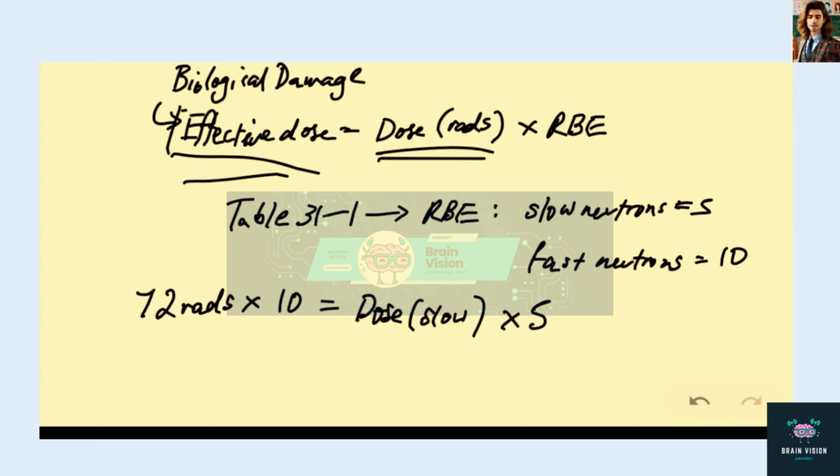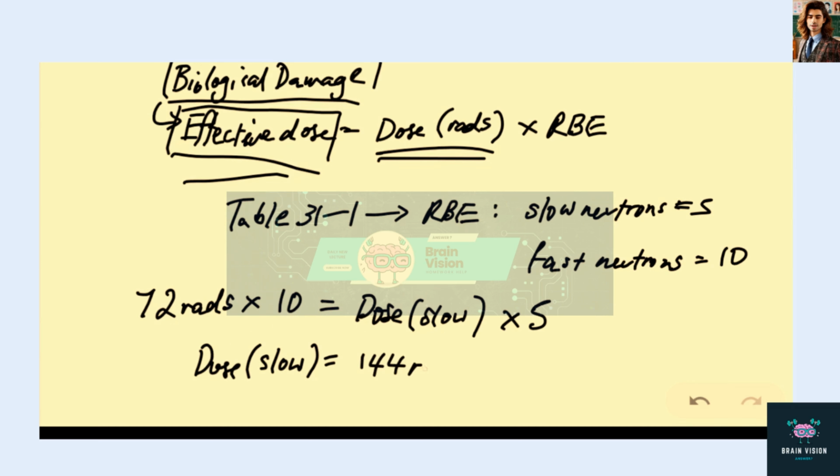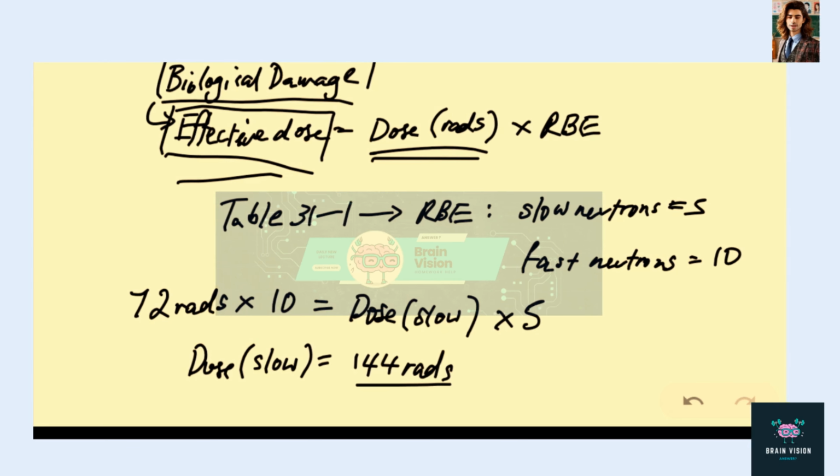Because we want the same effective dose, which is equal to saying we want the same biological damage. So for the amount of dose required for the slow neutrons, we just bring the 5 over to the left hand side. We get 144 rads. So this is the dose that is required to get the same amount of damage.